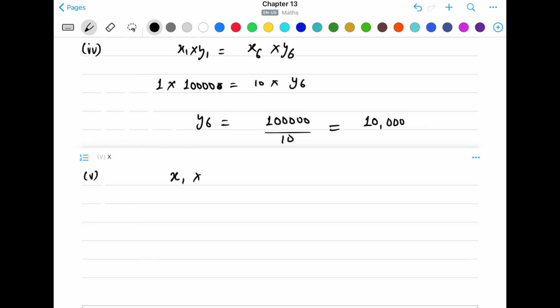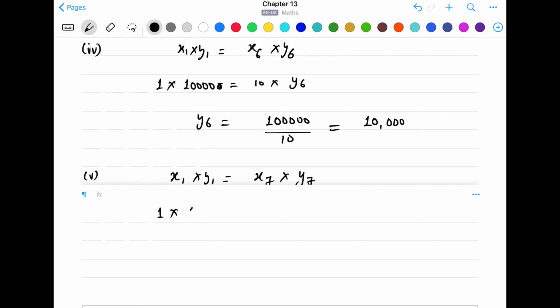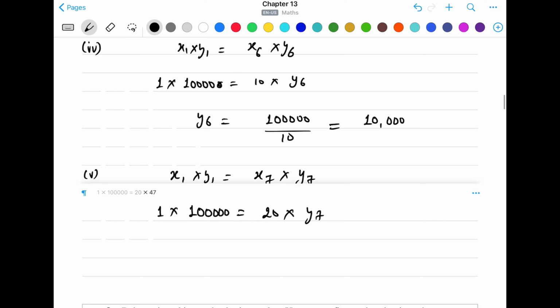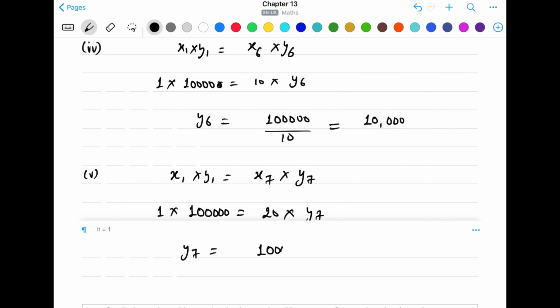Again we are going to use the same relation, that is x1 into y1 equals x7 into y7. x1 is 1, y1 is 1 lakh, equals x7 is 20 and y7 we have to calculate. y7 from here is 1 into 1 lakh, again 1 lakh, divided by 20.